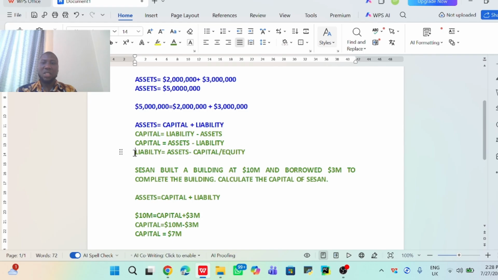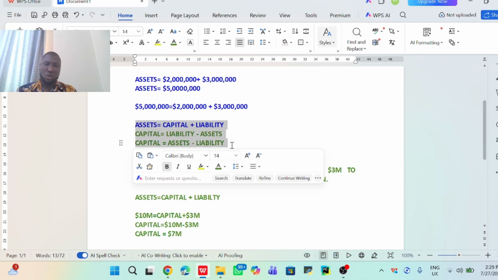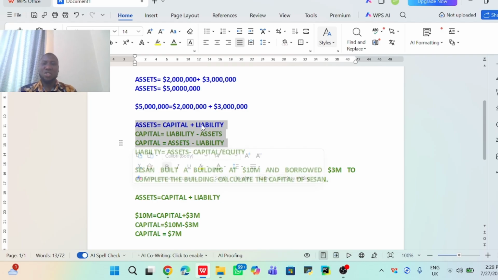And if you check the financial statement properly, you will see that this is what the balance sheet, which is the statement of financial position, follows. Once you add your capital, your equity, plus liability, it will give you your total asset.